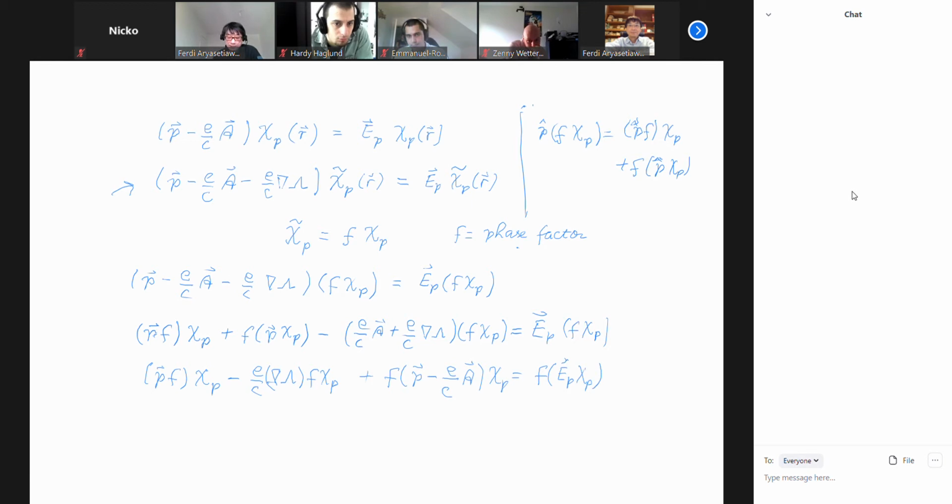So now we see that we can use this equation here. That is equal to E chi_p from this equation here. So then this thing goes away in that one, which means that this thing is 0.